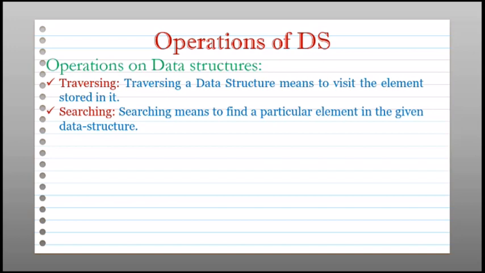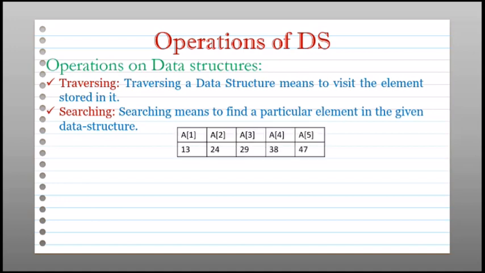Searching is the operation which can be performed on data structures like array, linked list, tree, graph, etc. So suppose this is an array and suppose we want to search the element 38 in the list. So we have to find out whether 38 is present in the list or not. So this operation of searching is called searching operation.